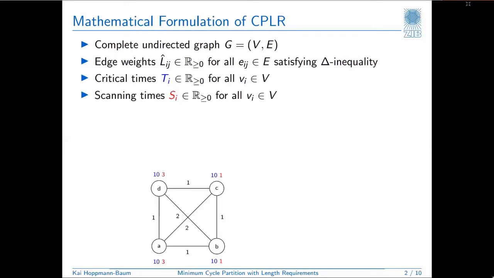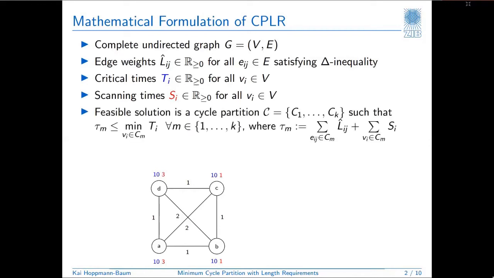Down here you can see an example graph with the edge weights in black, critical times in blue, and scanning times in red. So what we are looking for is a feasible solution. A feasible solution is a cycle partition, such that for each cycle its length is smaller than or equal to the minimum critical time of the vertices that are contained in it. We also say a cycle is feasible if it fulfills this condition.